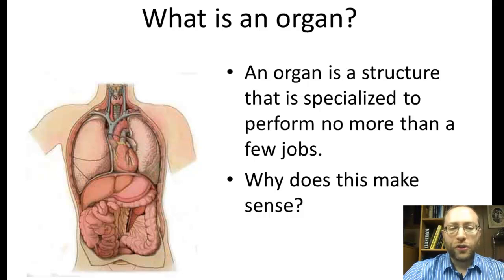A function of the large intestine would be to reabsorb water and also absorb water that we drink, and also to egest, or get rid of, the waste products of digestion.